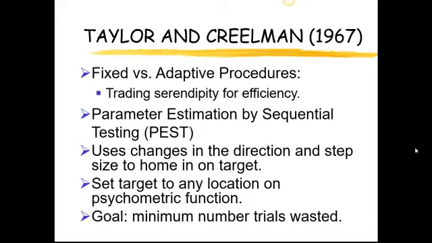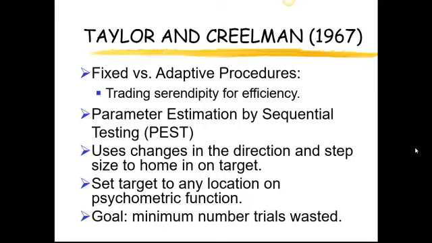So there's another study by Taylor and Creelman in 1967, and they looked at fixed versus adaptive procedures, and basically you're trading serendipity for efficiency. So you're trying to get more efficient with the measurements, and they looked at PEST, which is parameter estimation by sequential testing. And what that does is it uses the changes in the direction and step size to hone in on your target.